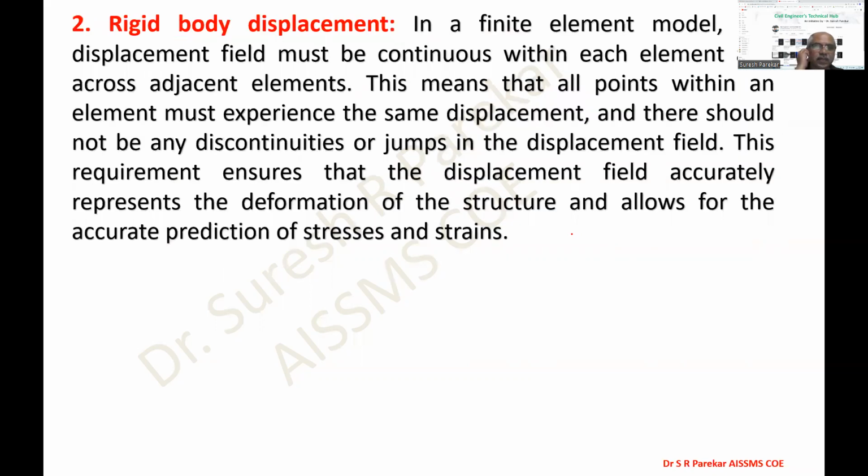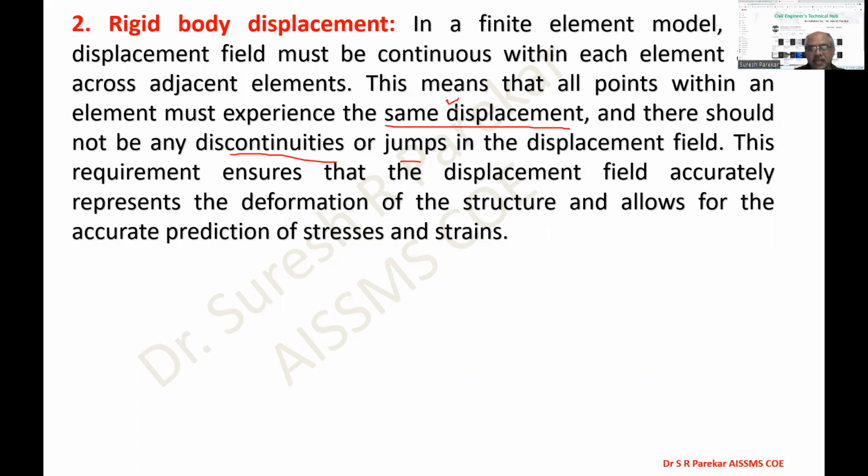Second, we have rigid body displacement. In this, we have to see that we do not have any discontinuities or gaps. Here, all points must experience the same displacement. So when we consider compatibility and rigid body displacement, and we are going to be continuous, we have to see that in that continuity all elements experience the same displacement.